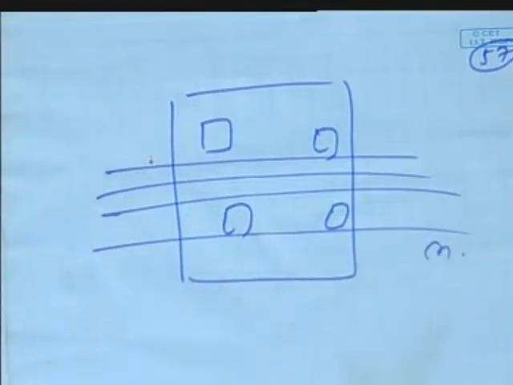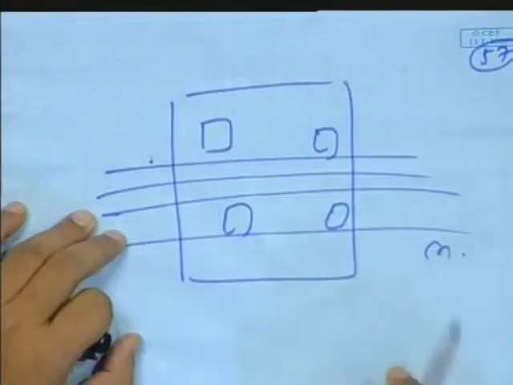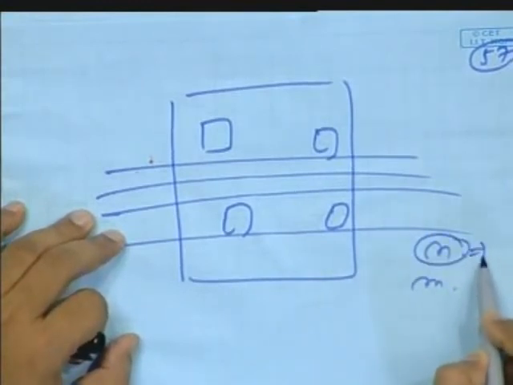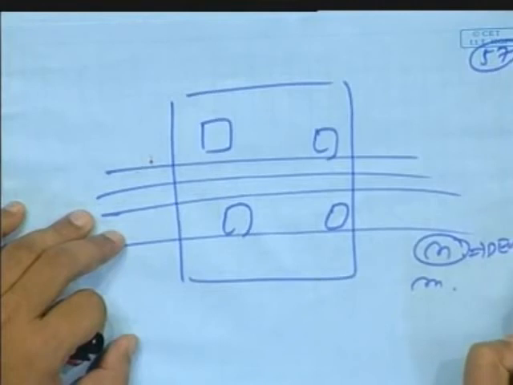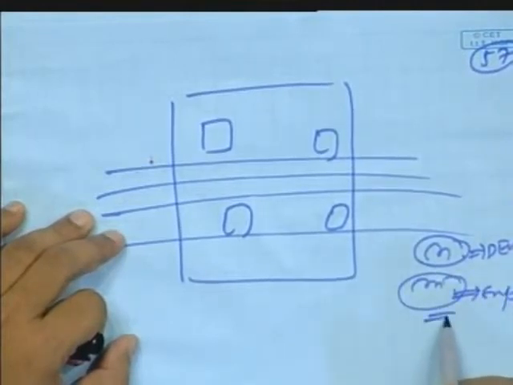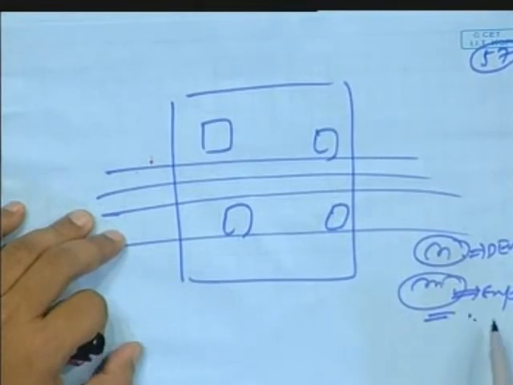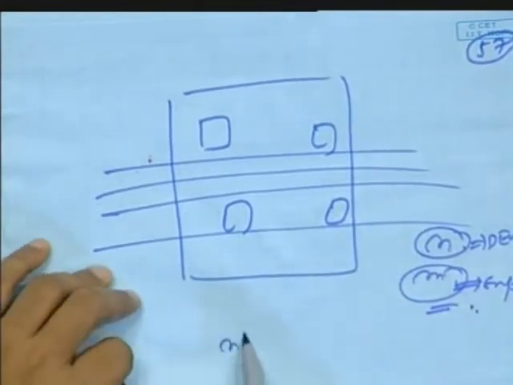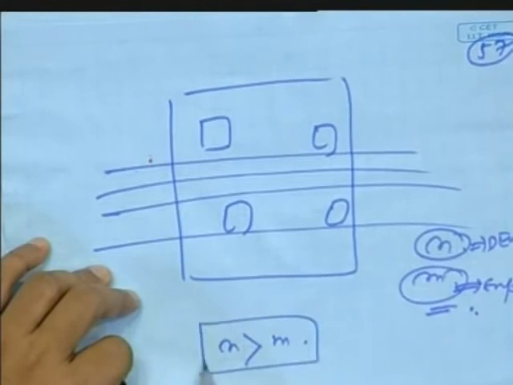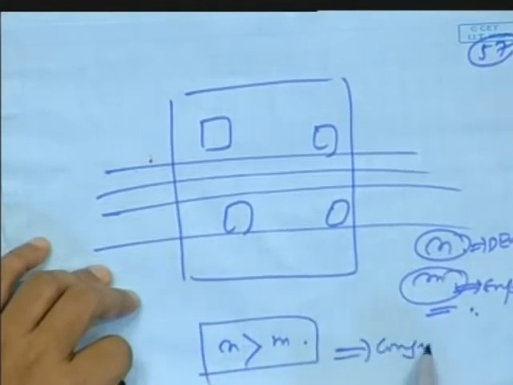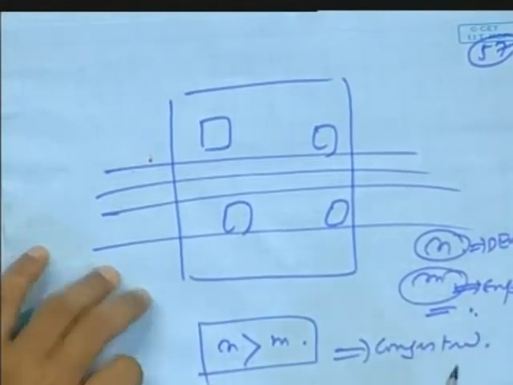If I place it this way, I should have n number of horizontal connections. Now I have only m number of connections. This is my demand, this is my supply. You cannot increase this, right? So as long as n is greater than m, it's called congested. So you have to change your placement once again.